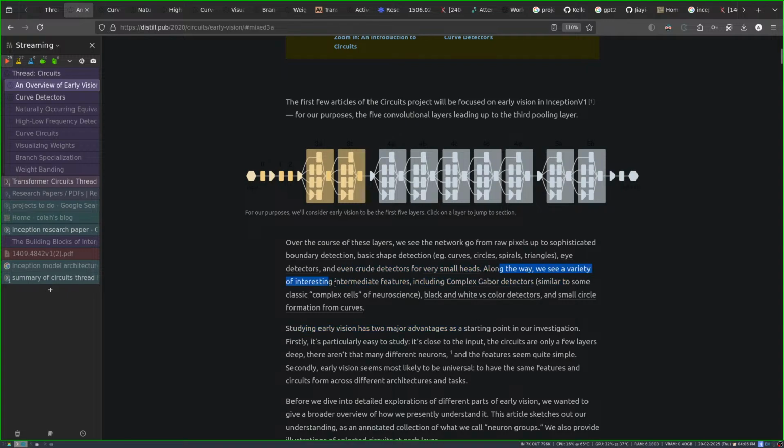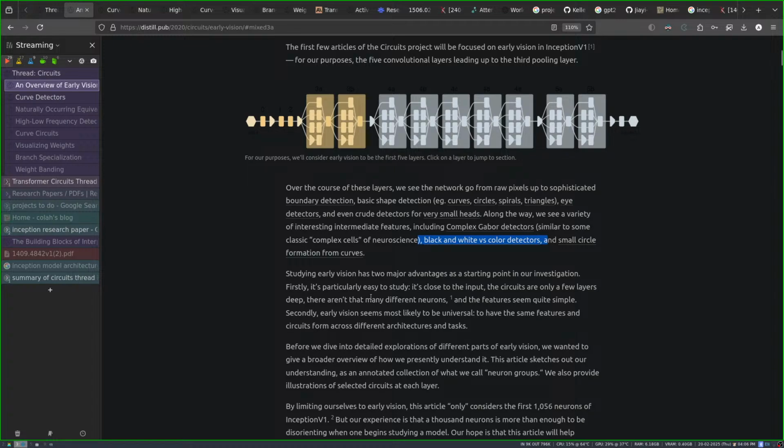And along the way, intermediate features like complex curve detectors, black versus white color detectors, small circle formation from curves. Studying early vision has two major advantages to start. Okay, it's particularly easy to study. It's close to the input, and the circuits are only a few layers deep.